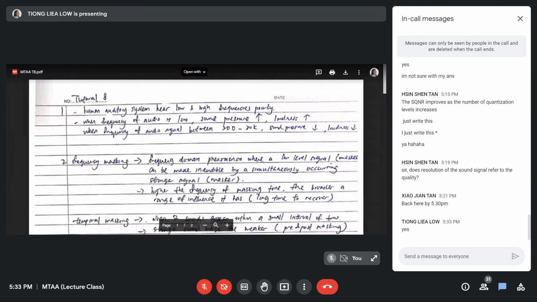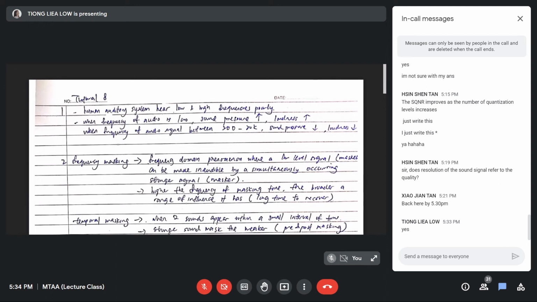Okay. Human auditory systems hear low and high frequency poorly. When frequency of audio is low, sound pressure increases, loudness increases. When frequency of audio signal is between 200 to 20K, sound pressure reduces, loudness reduces.